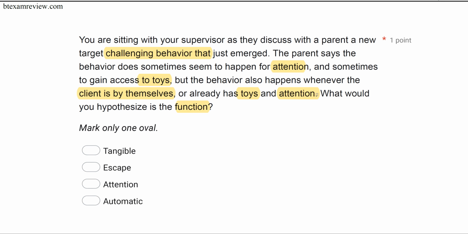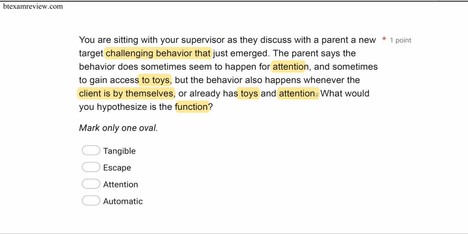And so this is a good lesson on functions. If you have a situation where you have a behavior occurring for what seems to be many different reasons, and the behavior happens when the client is all alone with access to everything they want, typically your first thought is automatic.